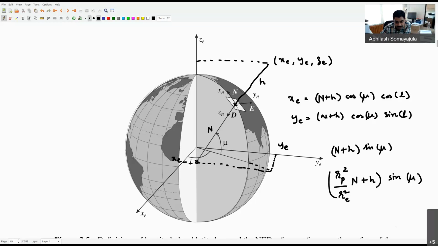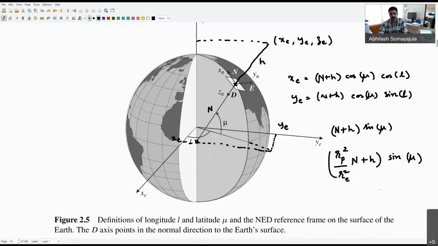Sir, I don't understand this part. See, originally when we were trying to look at the radius of curvature, this is taking a plane which is tangent to the ellipse, isn't it? Correct? This plane here is the tangent plane. Correct? Yes, sir. That tangent plane, when I draw the normal, it will not intersect here.